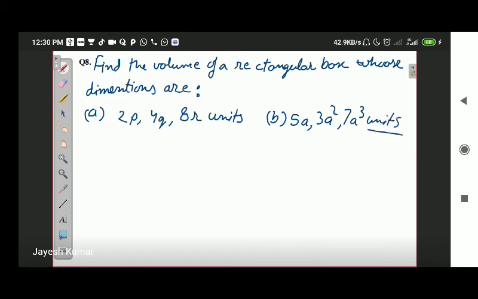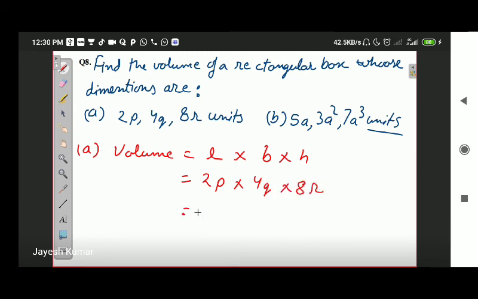We have to find the volume. For a cuboid, volume is length into breadth into height, that is LBH. So let the first one be length, second breadth, and third height.